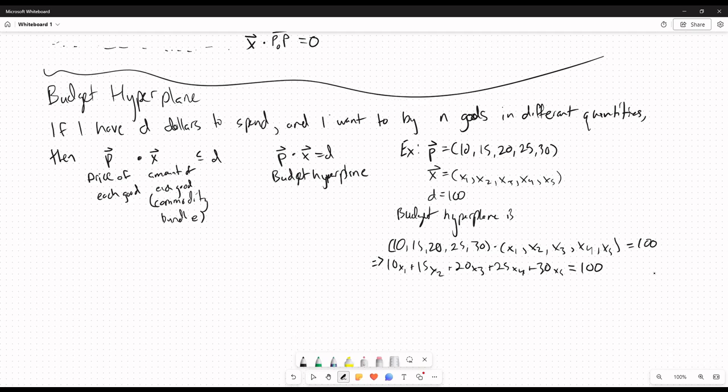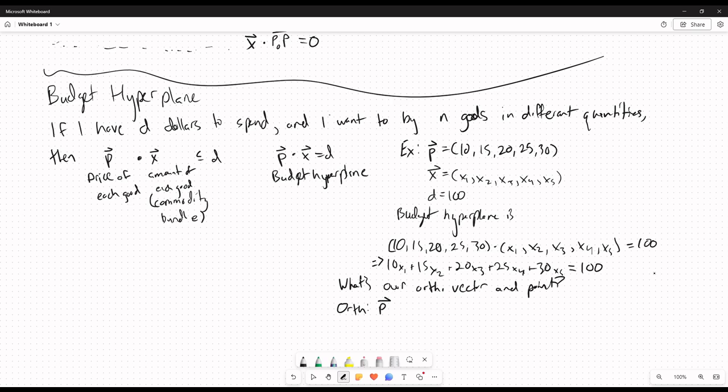So that's all well and good, but when we were talking about hyperplanes, we wanted an orthogonal vector and a point. So what's our orthogonal vector and point? Well, the orthogonal vector is just going to be our coefficients. In fact, the orthogonal vector is our price vector. So that's nice and easy.